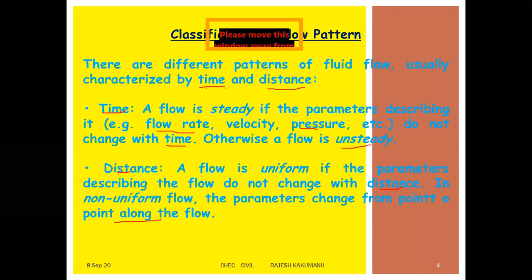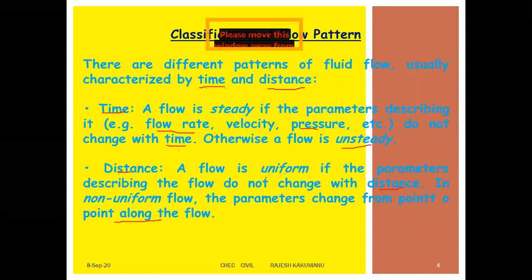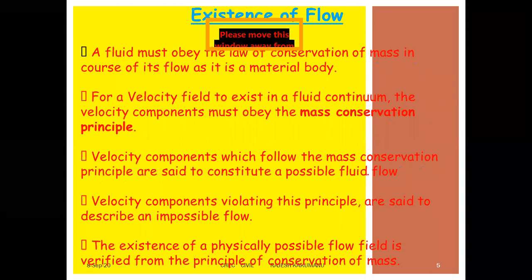This happens in fluid dynamics. So as for fluid kinematics, when do we say a fluid flow is steady? Whenever parameters like flow rate, velocity, pressure do not change with time, we call it a steady flow. Next, distance. When do we say a fluid flow is uniform? Whenever it does not change with the distance, we call it a uniform fluid flow.